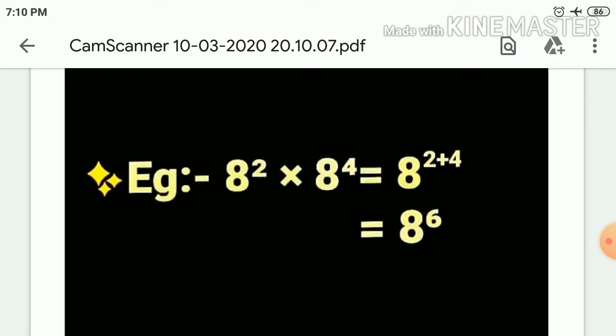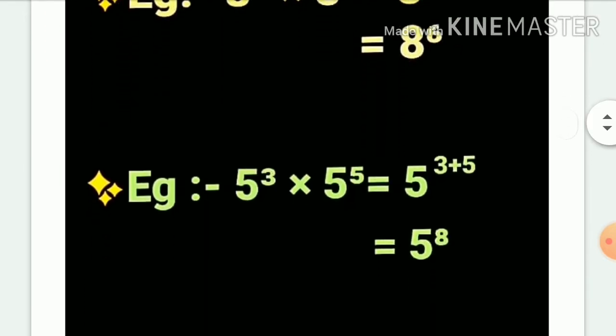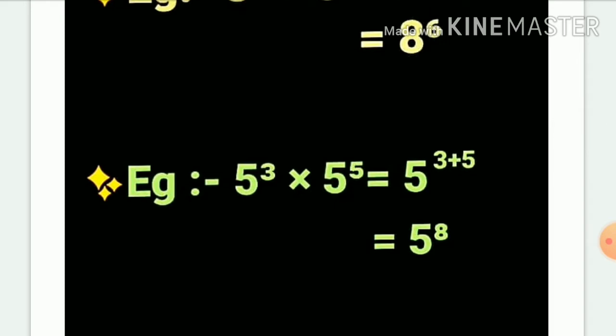So this was the very first law. When the same bases are multiplied with different indices, the result is the same base with the indices added. One more example: 5 raised to 3 multiplied by 5 raised to 5 equals 5 raised to 3 plus 5, that is 8. 5 raised to 8.